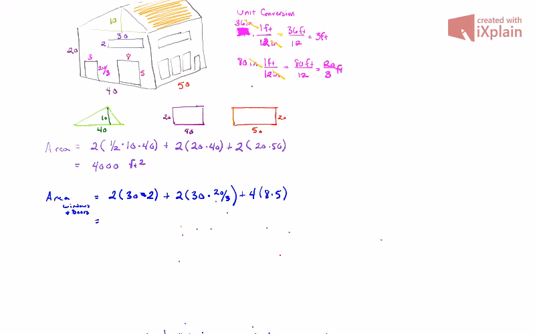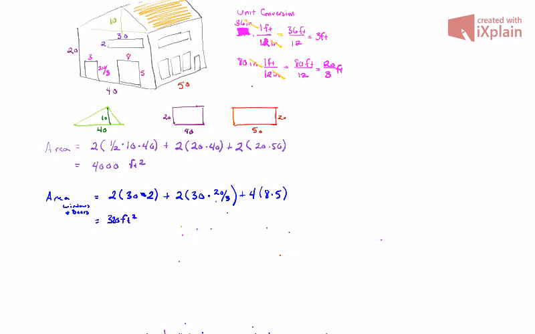because we want to be able to look out of our windows. So if you were to do this calculation, the multiplication of 2 times 30 times 2 plus 2 times 30 times 20/3 plus 4 times 8 times 5, this amasses to 320 square feet.